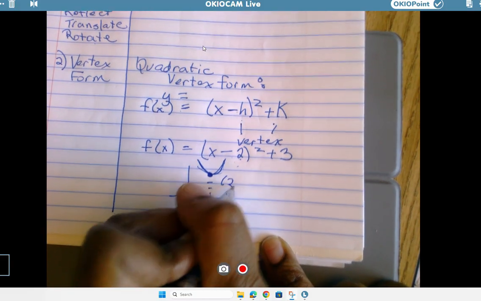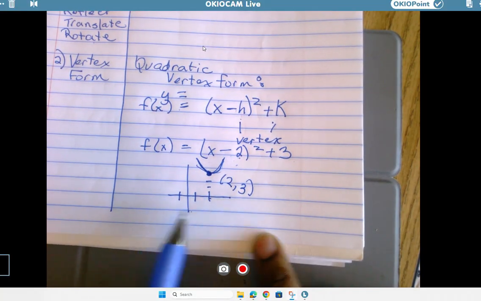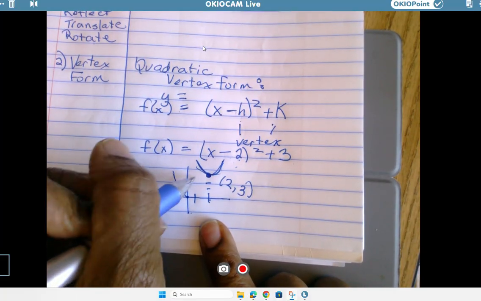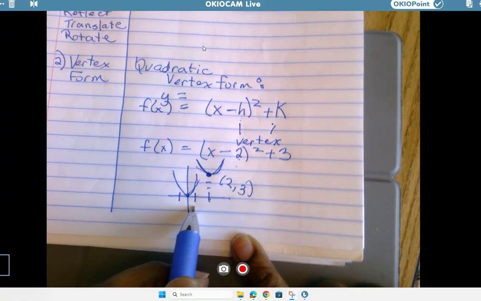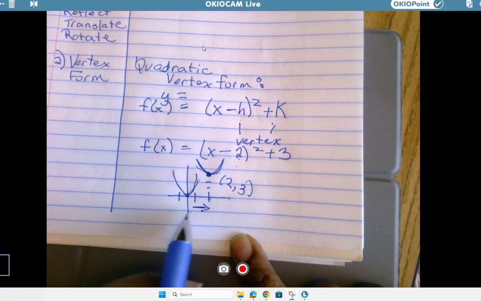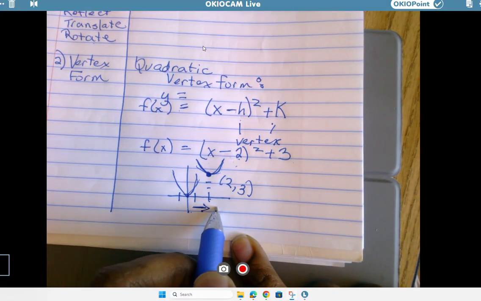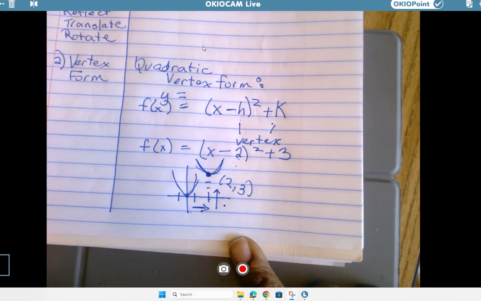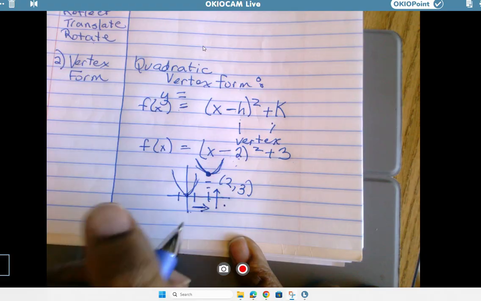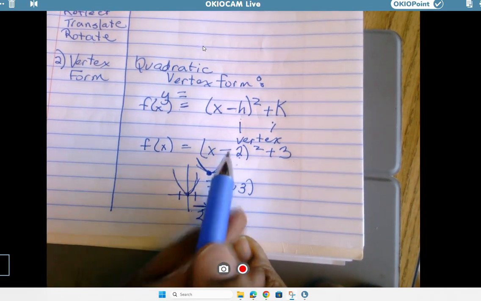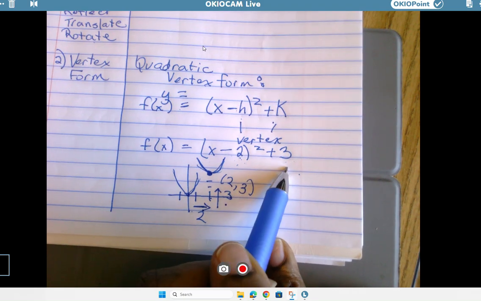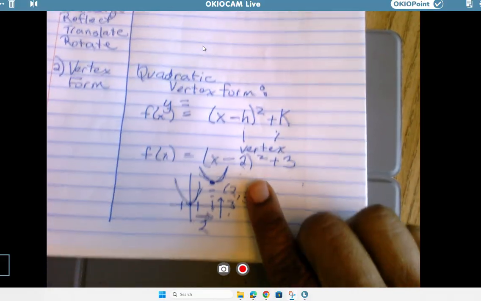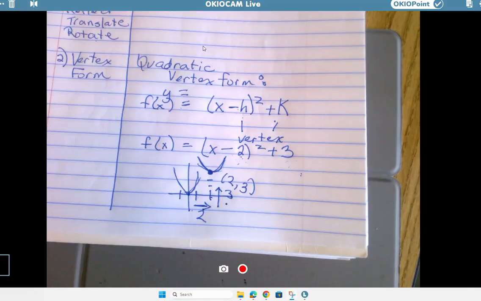So if this vertex is at 2, 3, then that tells you that the parent function went from being right here to going 2 to the right and up 3. Make sense? Yes or no? 2, 3. The vertex tells you how the graph shifts. I'm going to give you a minute, let that soak in.